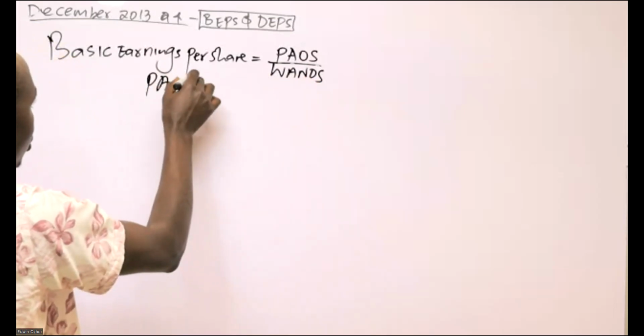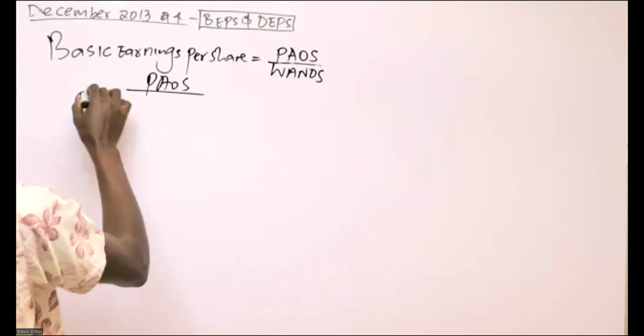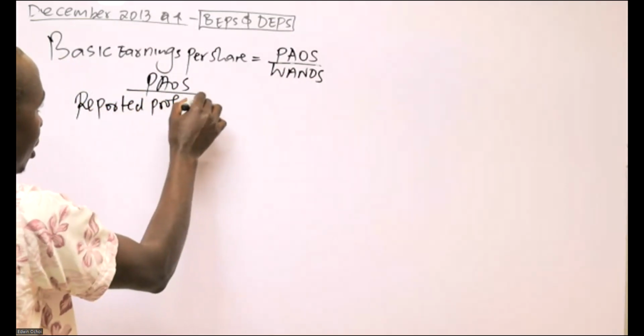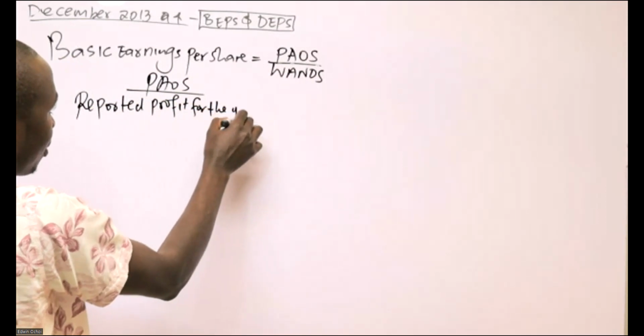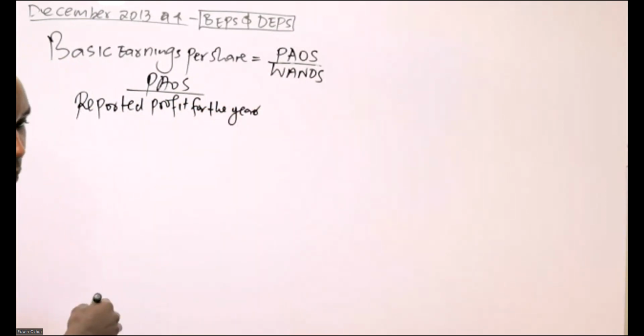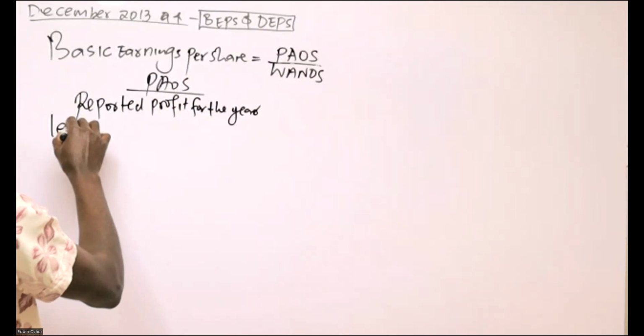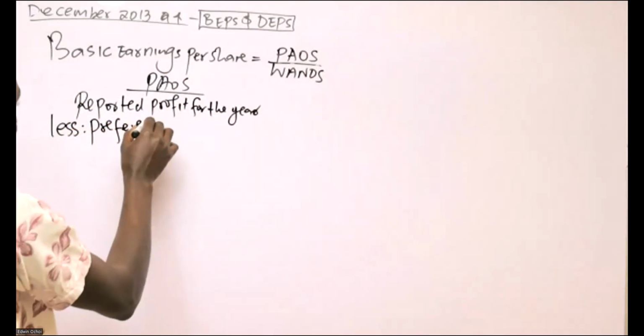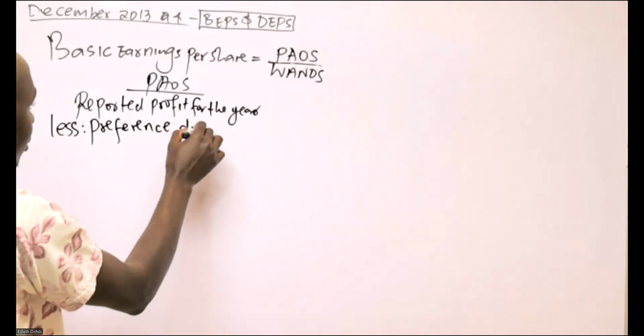So how do you get the PAUS? You start with the reported profit for the year. Under the reported profit for the year, what am I supposed to deduct? Preference dividends, the dividends to preference shareholders.